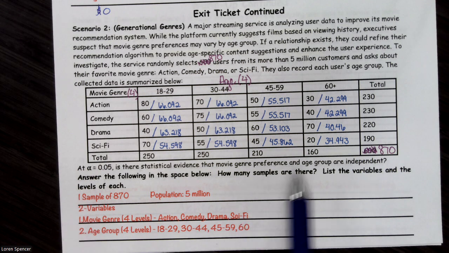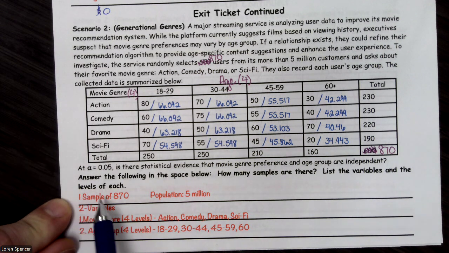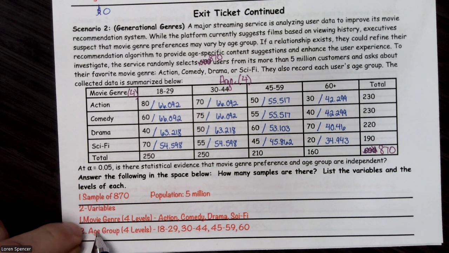So let me try that again. Sample size of 870, one sample. We have 2 variables, movie genre with 4 levels, and age group with 4 levels. These are our 2 variables, each with 4 levels.